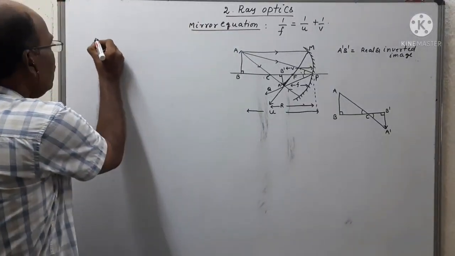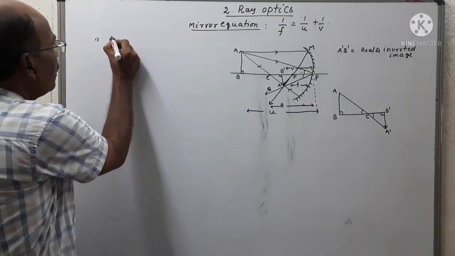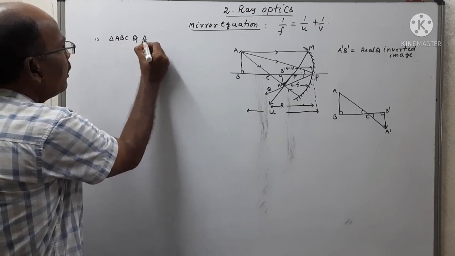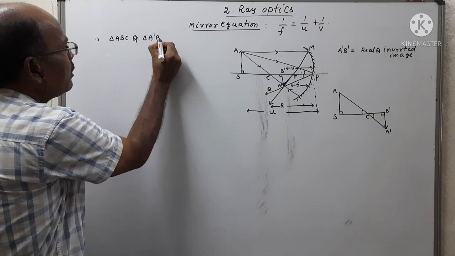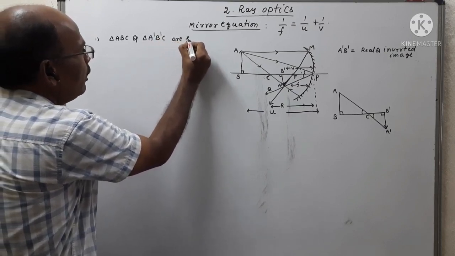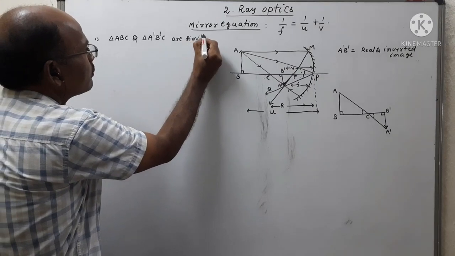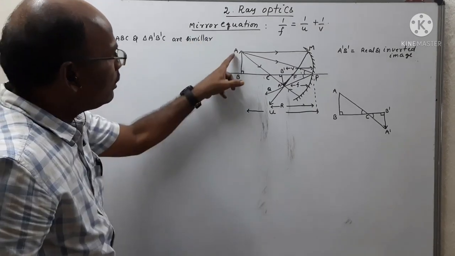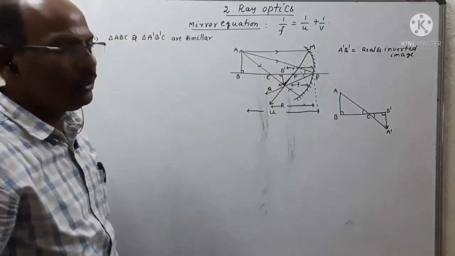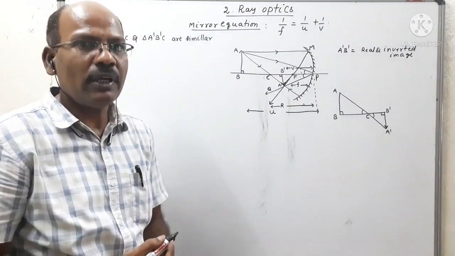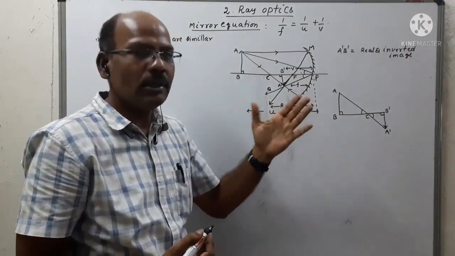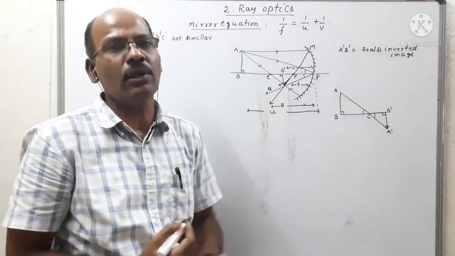So we can consider the first case, triangle ABC and triangle A dash, B dash, C are similar. According to the property of similarity, the ratio of the sides of the two triangles should always be equal.